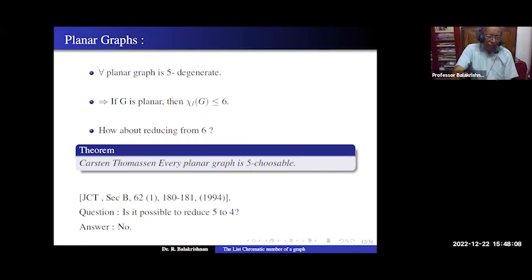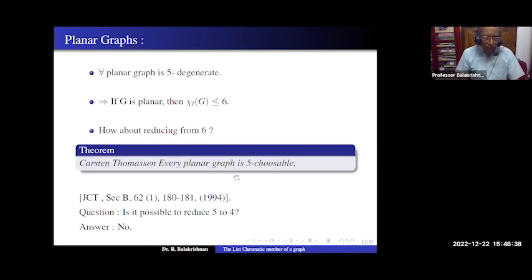And then if G is a planar graph, what is a planar graph? We can embed it in the plane so that no two edges crisscross. If at all they meet, they meet only at a vertex. A graph is planar if it can be embedded in the plane so that any two edges meet only at a vertex and they don't crisscross.